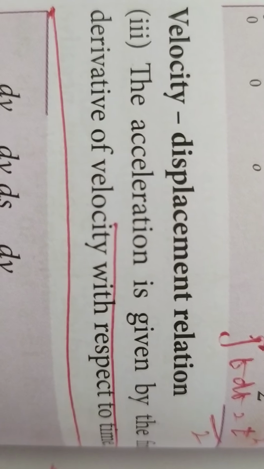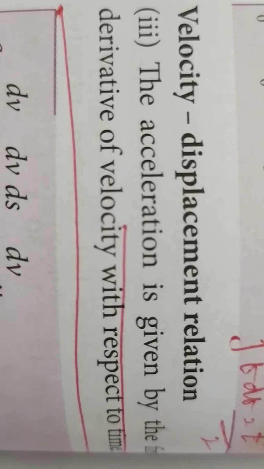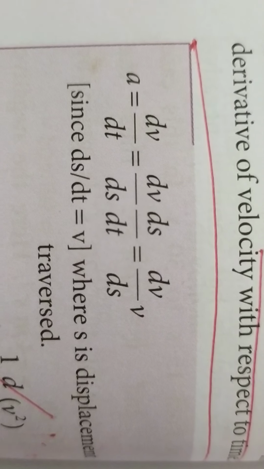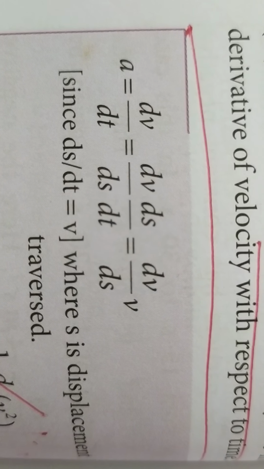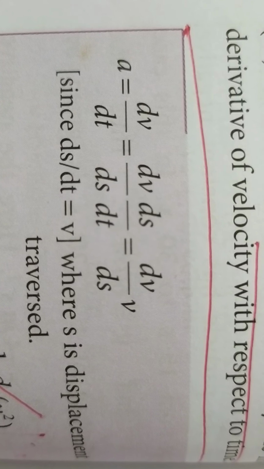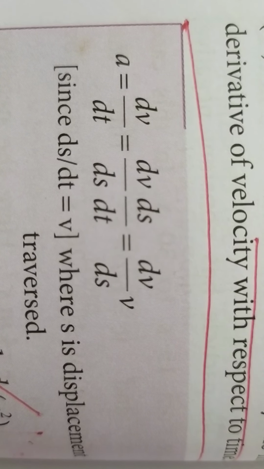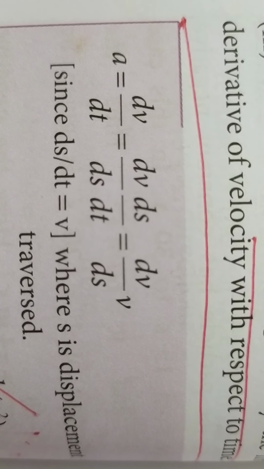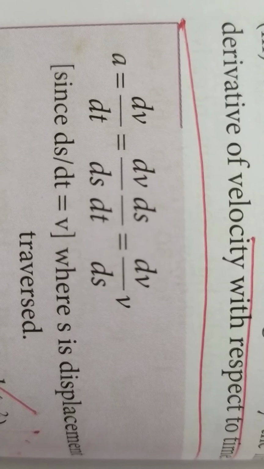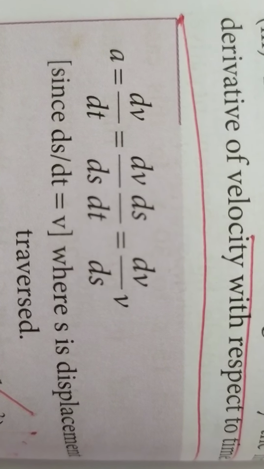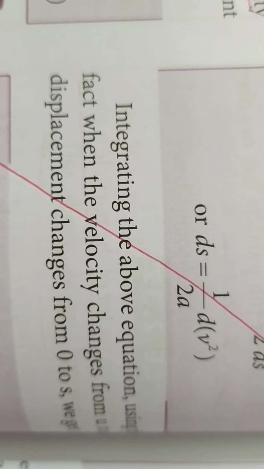Next we are going to derive the velocity displacement relation. Already you know this formula, a is equal to dv by dt, and for our convenience you multiply and divide by ds. And what is ds by dt? ds by dt is v, that is, the rate of change of displacement is velocity, that you have substituted here. You leave this part because this will be a little confusing.